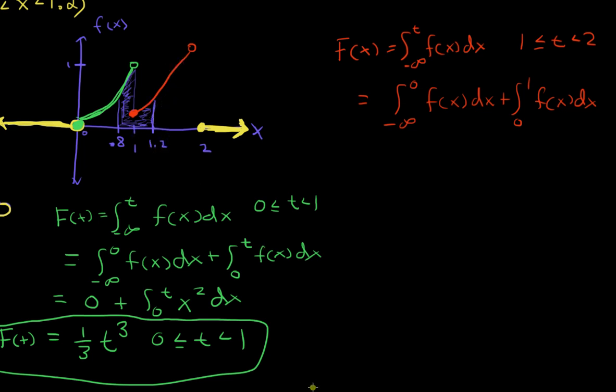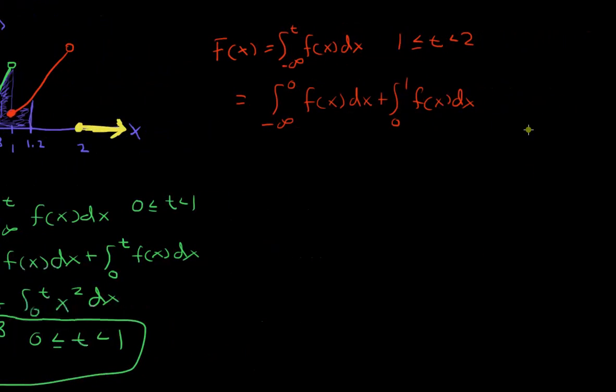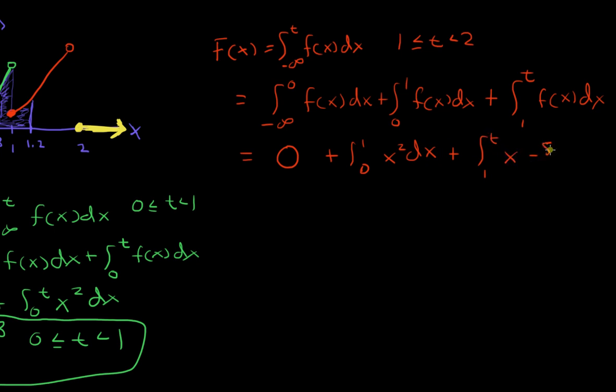So later we're going to plug in 1.2, right? But it doesn't need to go to 2, it just goes to whatever value t takes. Okay, now just plug in all the different f's. This one is 0, this one is x squared dx, this one is x minus 5/6 dx.